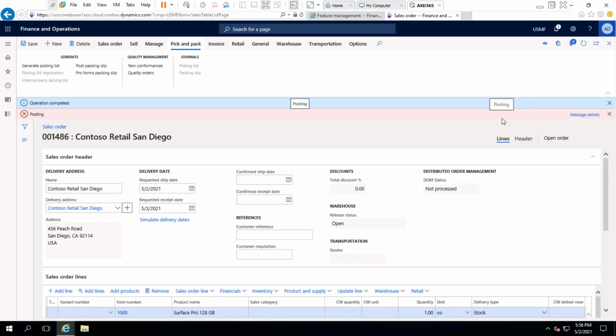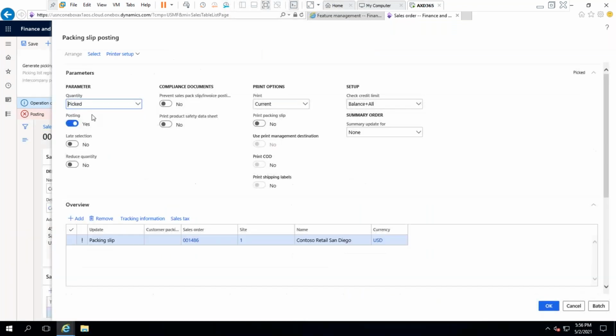Maybe one is no lines reflecting quantity. So no lines means, whenever you are doing post packing slip, I have explained in one of the videos clearly. You can go through my videos. It was explained in a detailed session. What is this picked quantity, what is deliver now, what is this packing slip, I have explained.